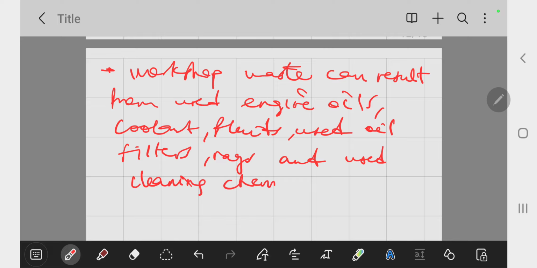All these can be examples of workshop waste.